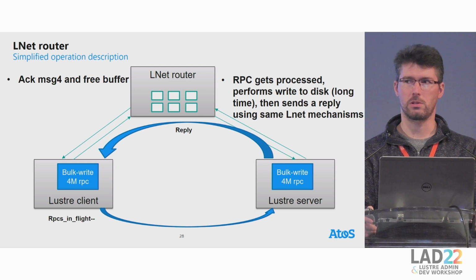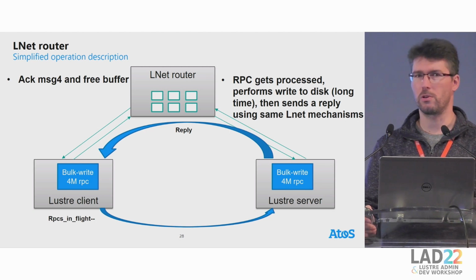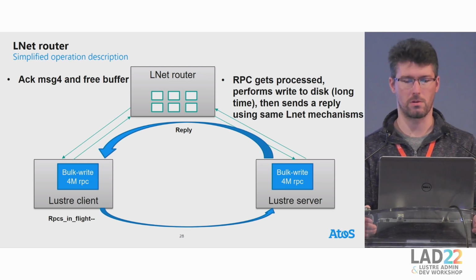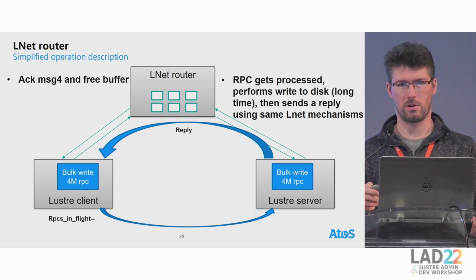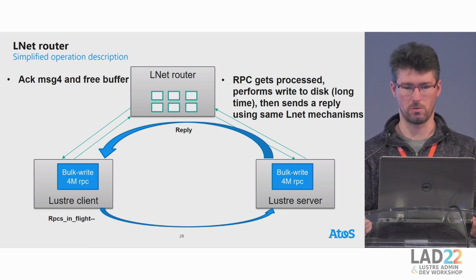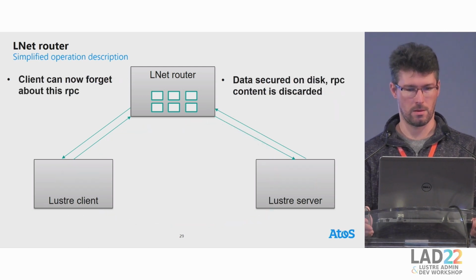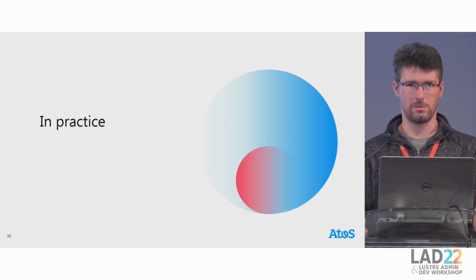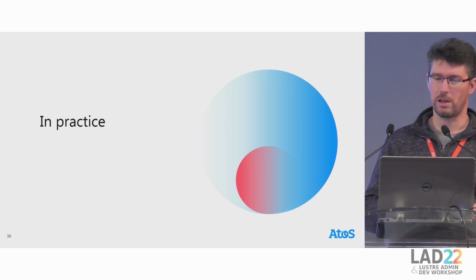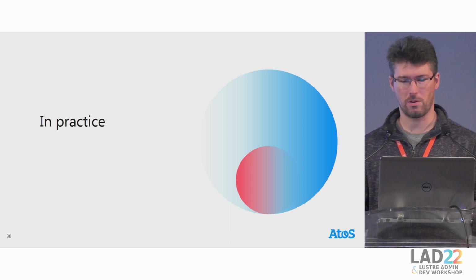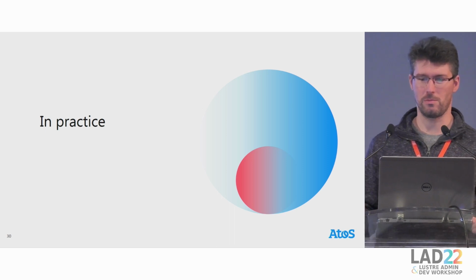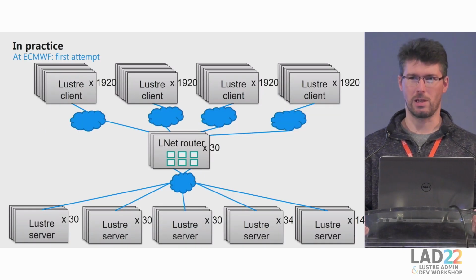So, of course, everything here is oversimplified. There are a lot more mechanisms behind, but I thought it was useful to understand what comes after. So, yes, in theory, we have one client, one router, one server, so everything is fine. But in practice, here is what we get.